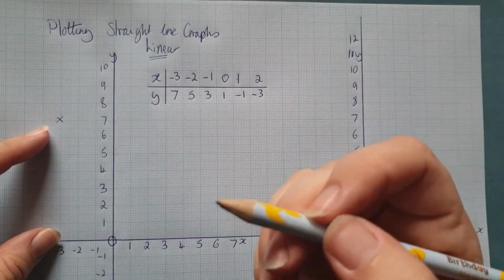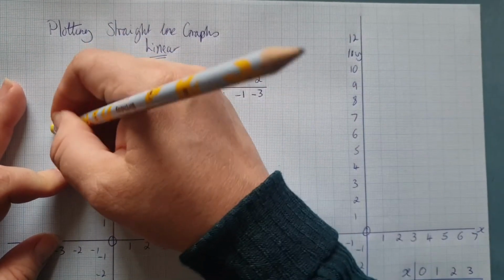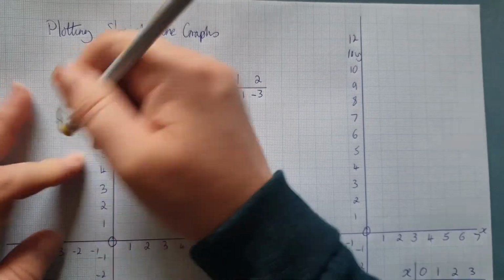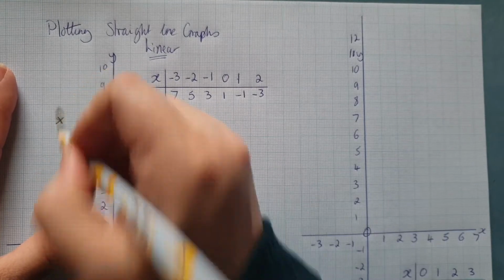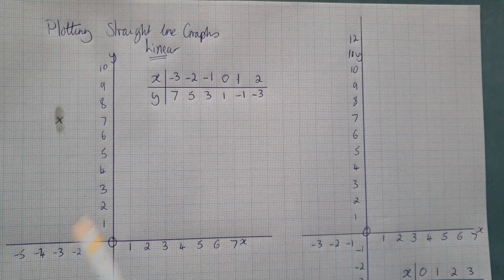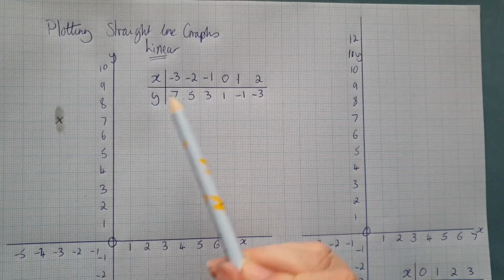Now, that's actually not quite on track, so I'm going to erase that. Let's get that more accurate. The whole point of having graph paper. So, doesn't look very neat, but I'll sort that out in a bit. So as you can see, we have the X coordinate and the Y coordinate.